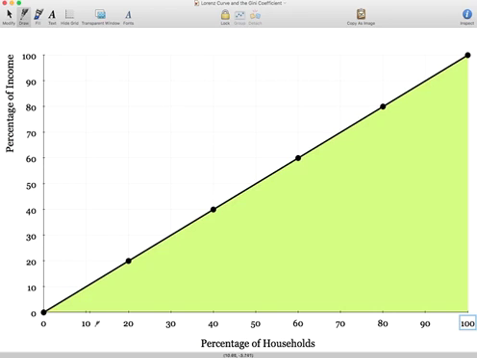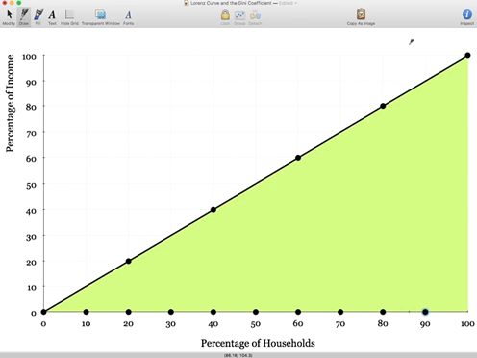So if I were to put this in terms of percentages, the poorest 10% of individuals have no income. The poorest 20% of households have no income. 30, 40, 50, the poorest 50% of households have no income. 60, 70, 80, 90, and so on, until we get to the 100th person, and then they would have all of the income in the economy.